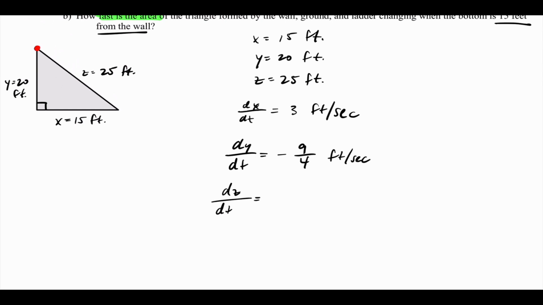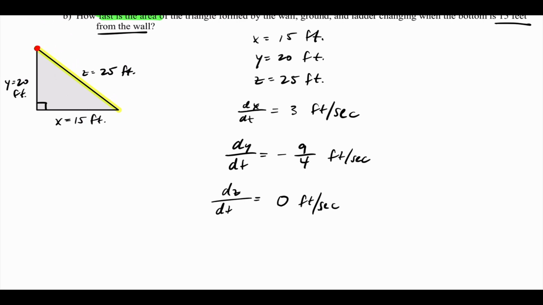And what was dz dt? 0, yeah, because side z is the ladder, right? And the ladder can't get any bigger or smaller. It's the ladder. That's how long it is. So that side's not going to change. The yellow side will not change.